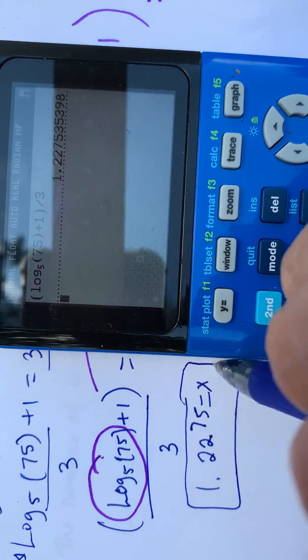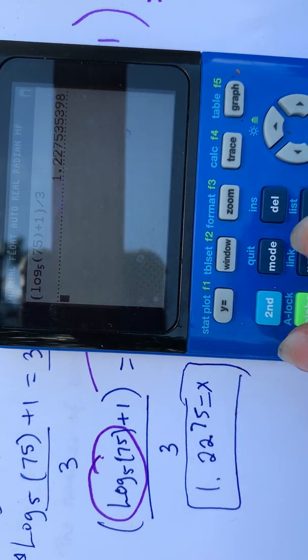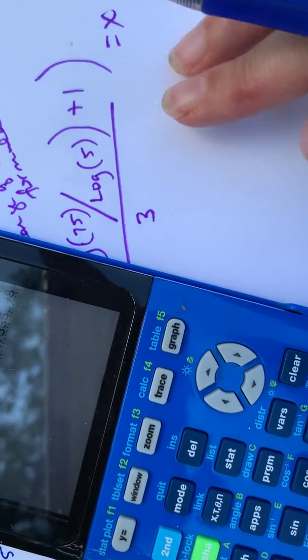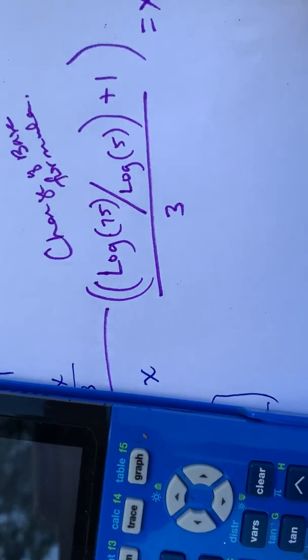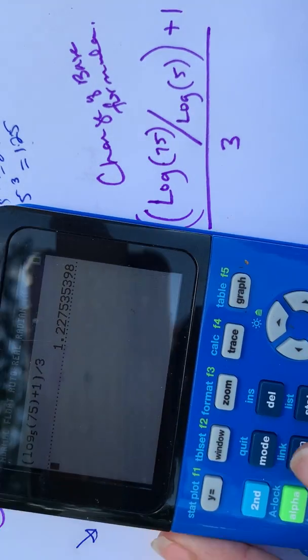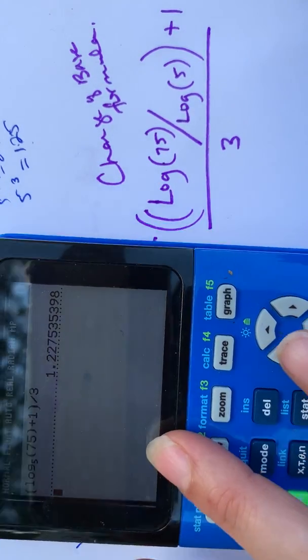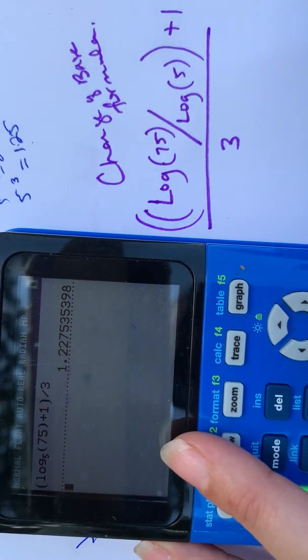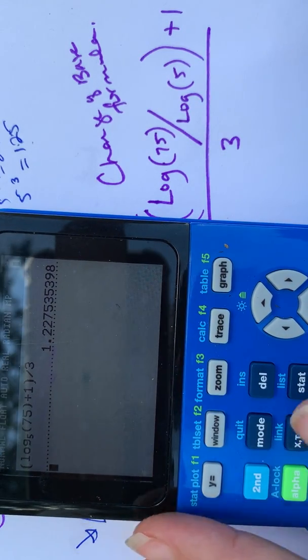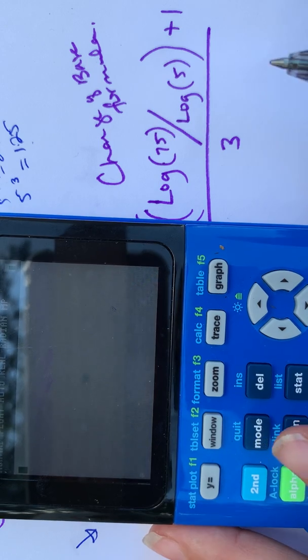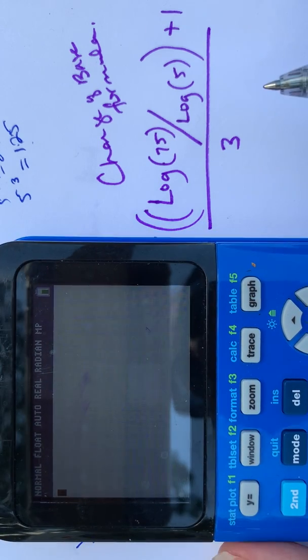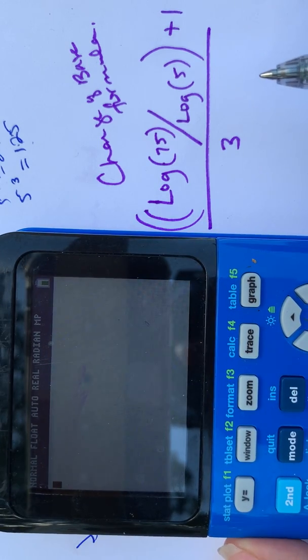And so this is the answer. So let's take a quick look at, well, what if we had the older calculator and we were having to use this change of base? Again, for everybody that had this calculator, you're free to move on to the next video. This is only pertaining to those that are forced to use this based on circumstances. And so let's clear it out because I don't want there to be any confusion. This one does not require you to go to the math button.